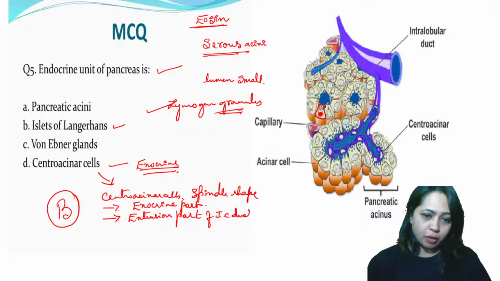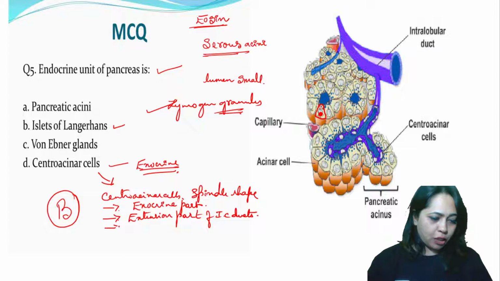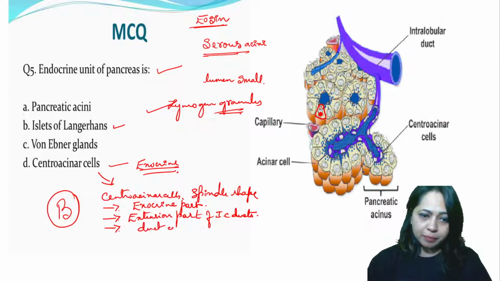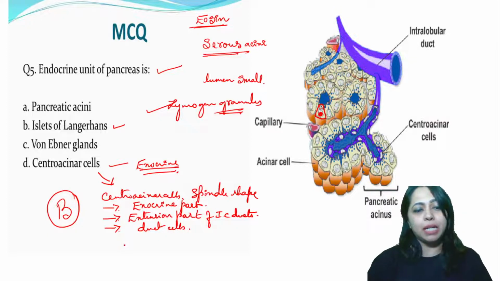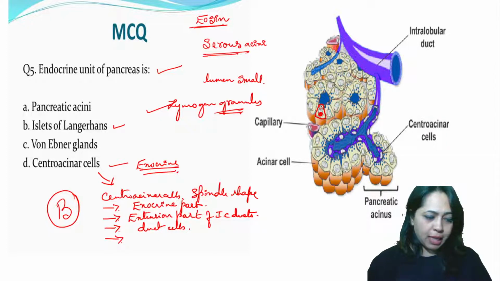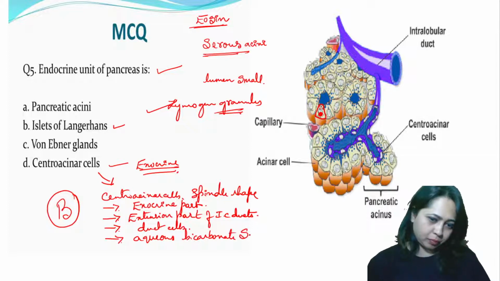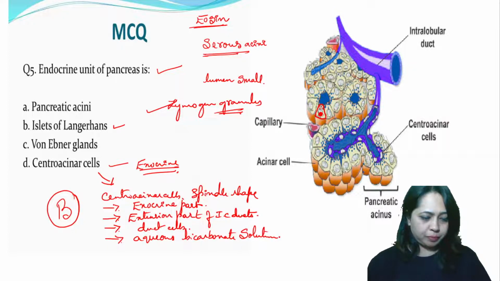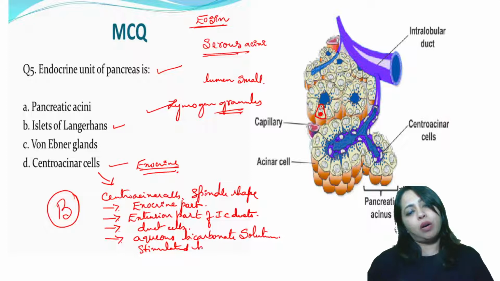The next point is that these are commonly known as duct cells. Then next, they secrete aqueous bicarbonate solution, and they are stimulated by a hormone called secretin.